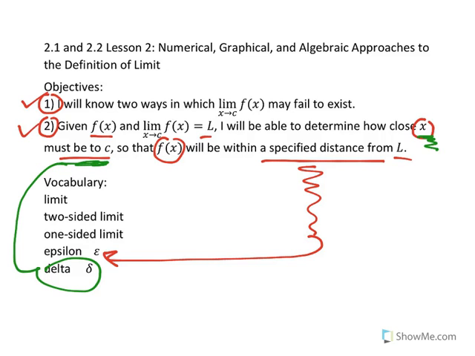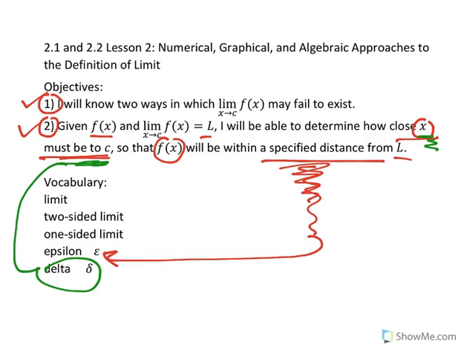So we just looked at one example for objective 2. Given f of x and the limit of f of x as x approaches c is equal to L, you'll be able to determine how close x must be to c. In the problem that we just looked at, we said x must be within 0.25 units of c, which in our problem was 3, so that f of x will be within a specified distance from L. So that in the problem that we looked at, the output values will be within 0.5 units of the limit.